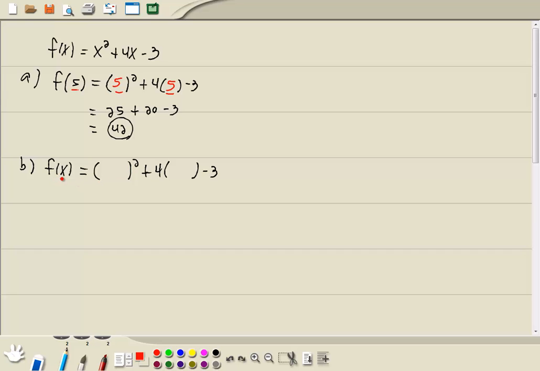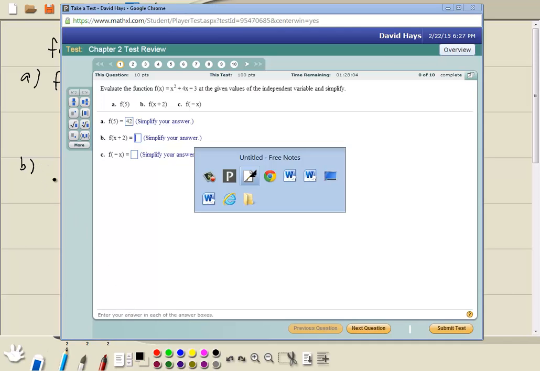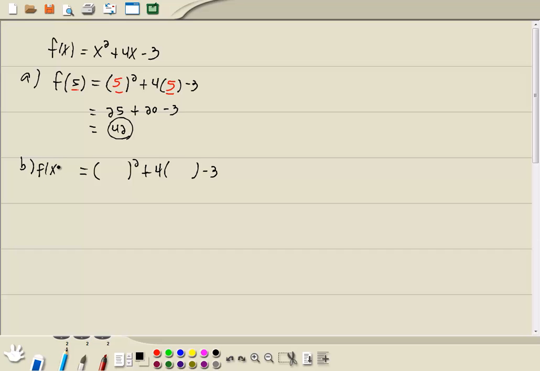Now whatever's inside the parentheses here, which I didn't write down correctly, let's try it again. We're wanting to find f of x plus 2. Okay. Whatever's inside the parentheses right here is automatically we're going to put in right here and right here. So we'll put an x plus 2 here, and we'll put an x plus 2 here.